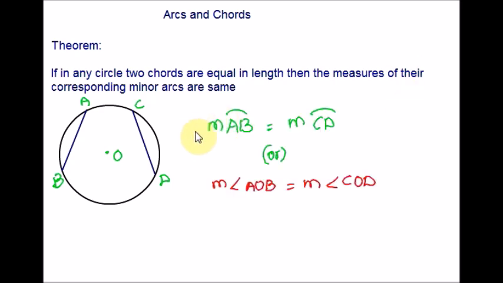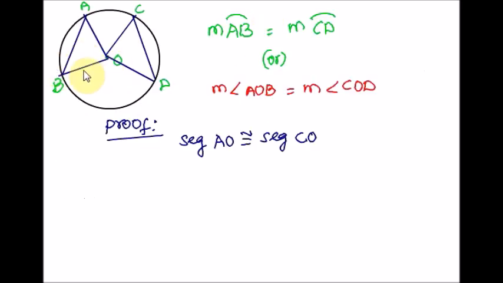To prove this, let us join A, B, C, D with O. Consider the triangle AOB and consider the triangle COD. Segment AO is congruent to segment CO. Am I right? And segment OB will be congruent to segment OD, because radii of a circle are always congruent. I'll also add the reason behind that.